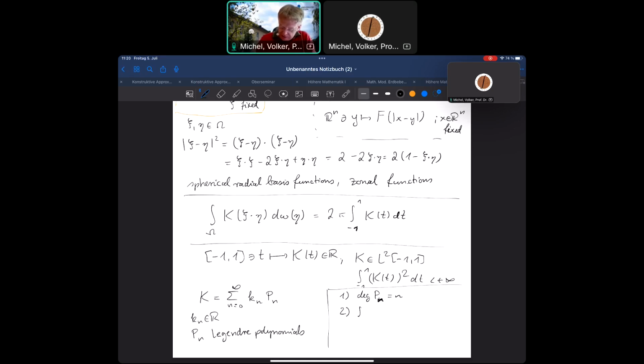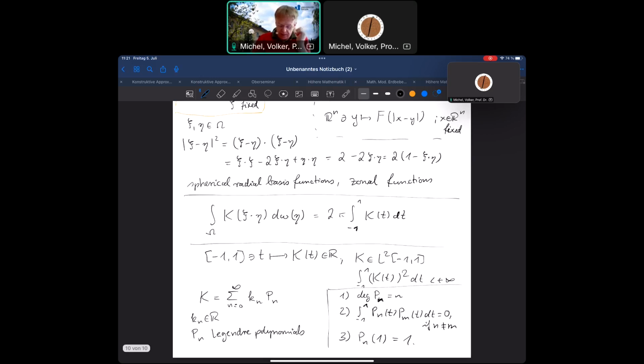The second is the integral from -1 to 1 of Pn of t, Pm of t dt is 0 if n is not m, which means that with respect to that L2 space here, they're orthogonal. And the third condition is that on the right ending of the interval, it's 1. So we can expand every k in the Legendre polynomials, every k in L2 of [-1, 1].